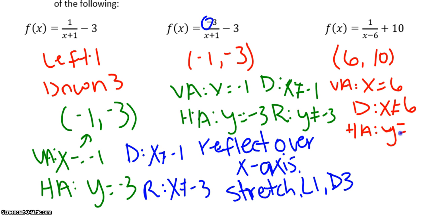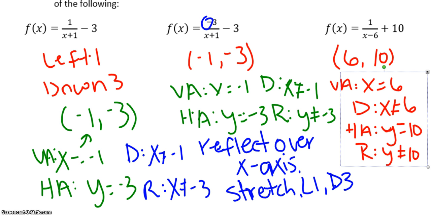So y equals 10. And so that means for my range, y cannot equal 10. Alright, transformations. I did not reflect and I did not stretch. So I moved to the right. I went right 6. And then I went up 10.